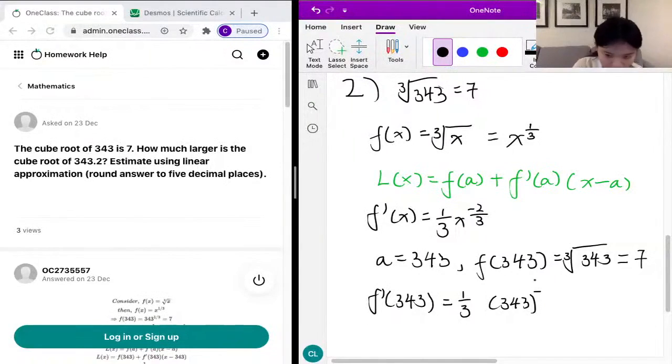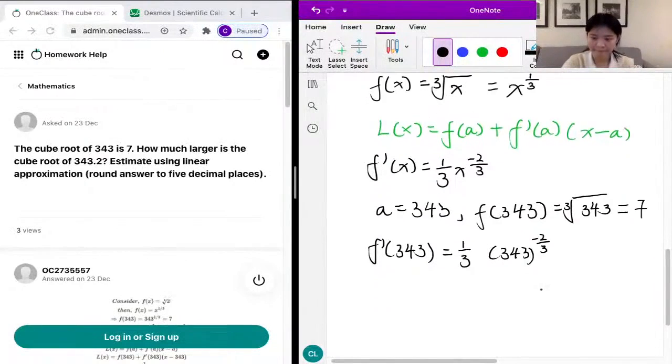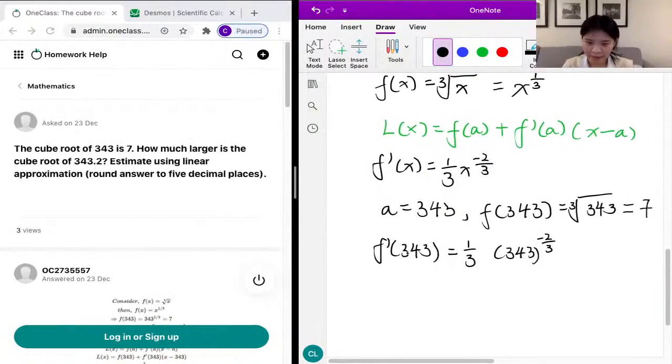We need to find this value. Can we just directly find it? No, we can't directly find this value. It's too hard. Let's just use a calculator. So we have 343 to the power of negative 2 over 3. Okay, so this is our f prime of a.